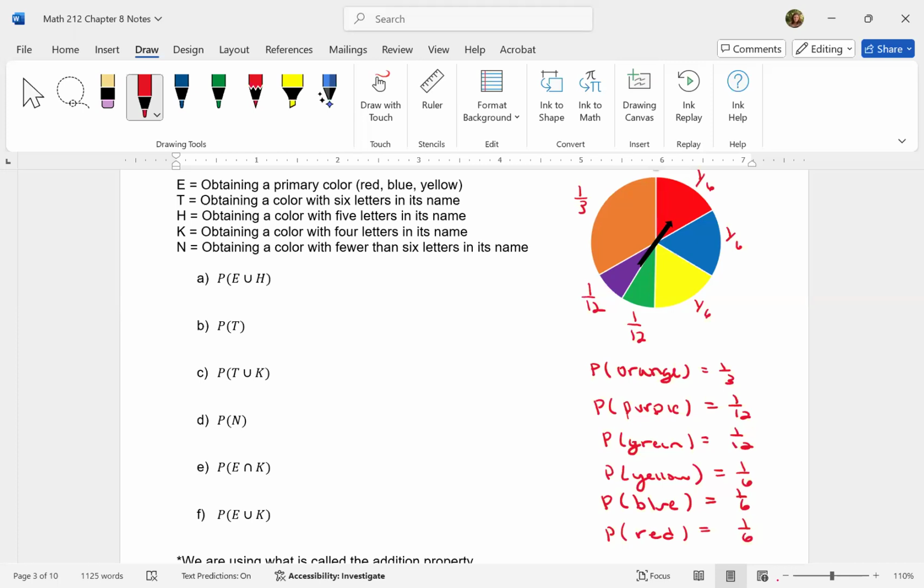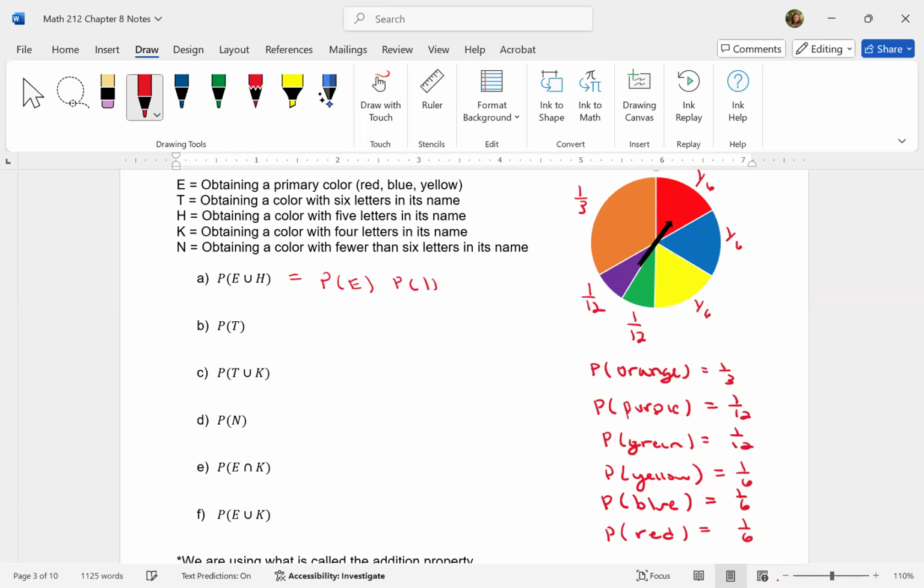And H, which is that it has 5 letters in its name. So which colors qualify for 5 letters in the name? Actually, we could just find these 2 probabilities. I'm going to find the probability of E and then the probability of H and add them together.